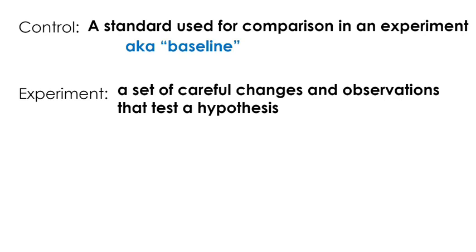Sometimes that control is called a baseline. It's an experiment where you'd kind of just do it normal. It's kind of the most boring part of the experiment, but that's the important part for comparing it to the other changes and seeing those effects and relating everything together.